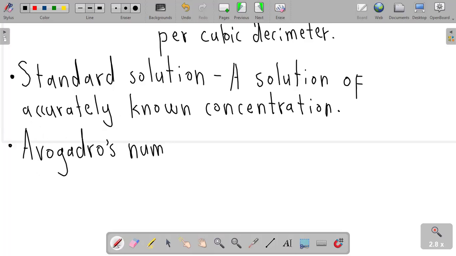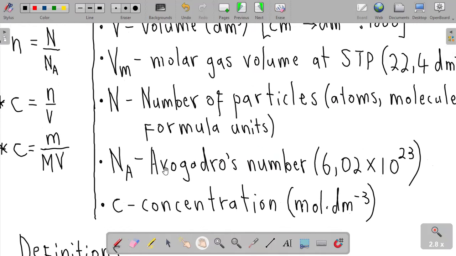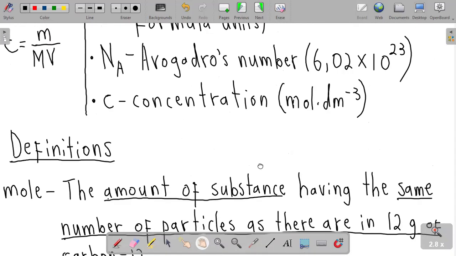So that's N subscript A, the capital letter that has an A as a subscript. Avogadro's number is that number here, 6.02 multiplied by 10 to the power of 23. So how do we define Avogadro's number? Because you have to know how to define it as well.